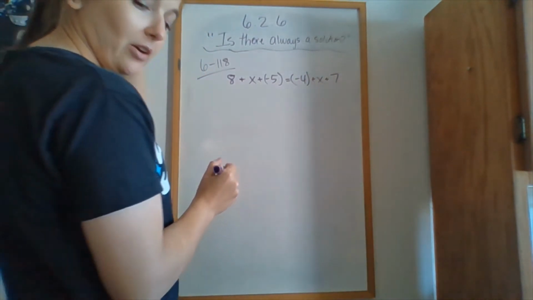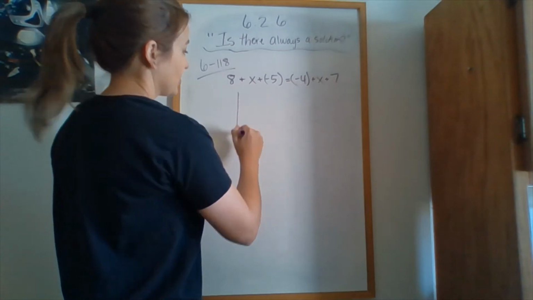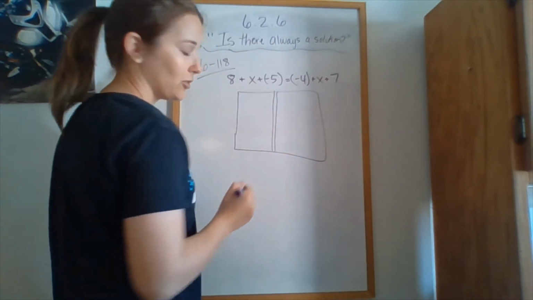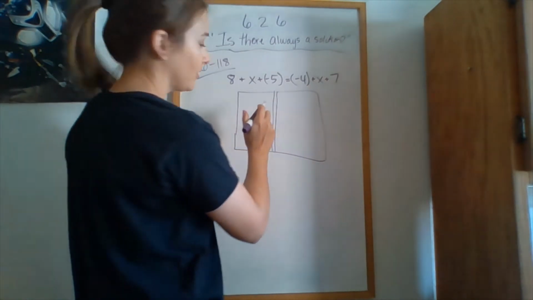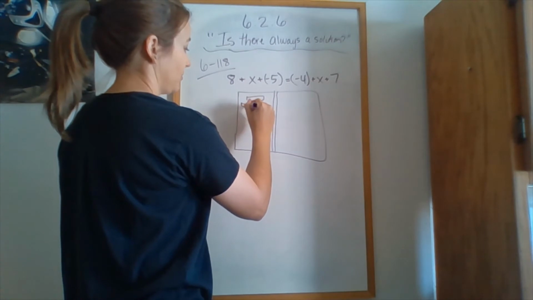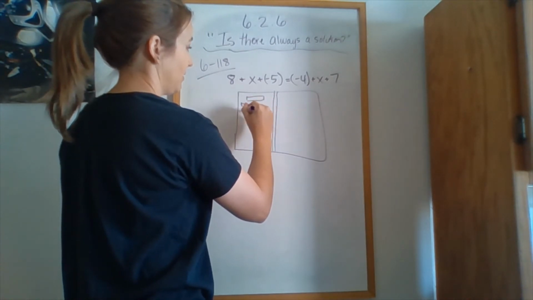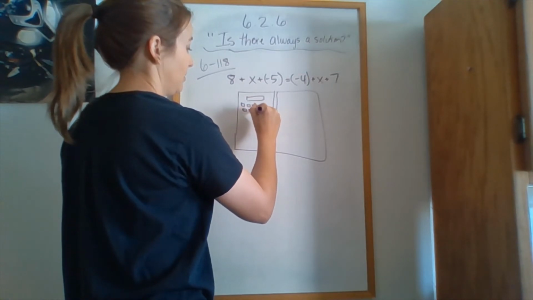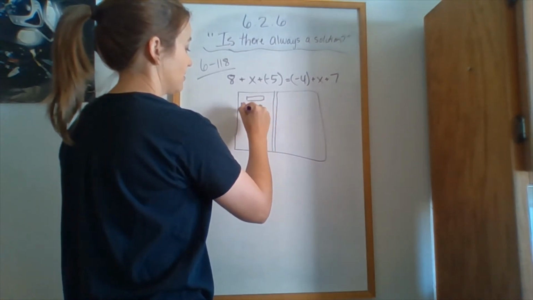It wants us to build it on an equation map, so I'm going to quickly do this. I hope maybe I could speed it up if I edit the video. Okay, so I have an x. I have 1, 2, 3, 4, 5, 6, 7, 8, and those are all filled in because they're all +8.